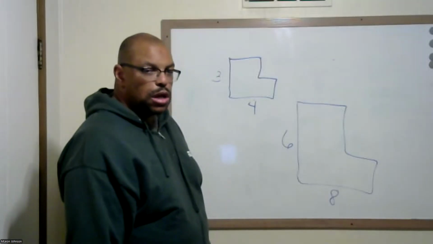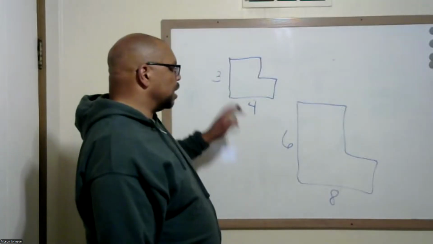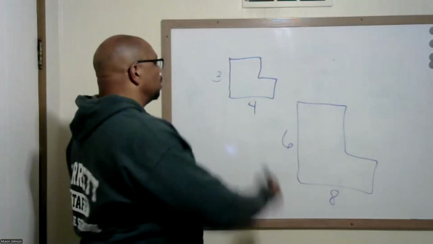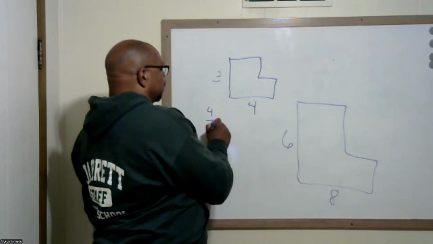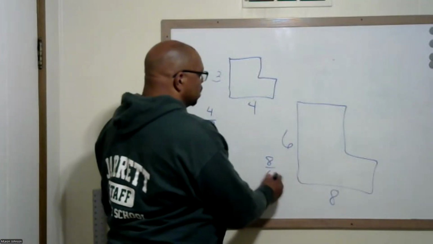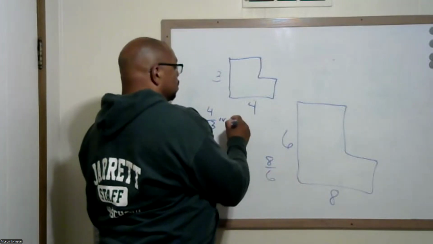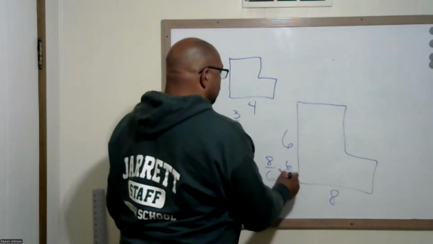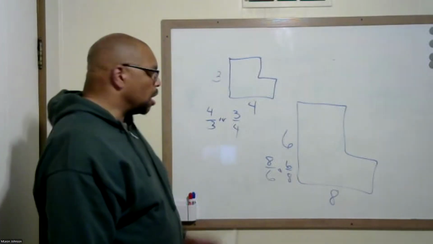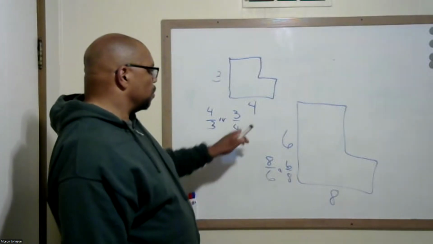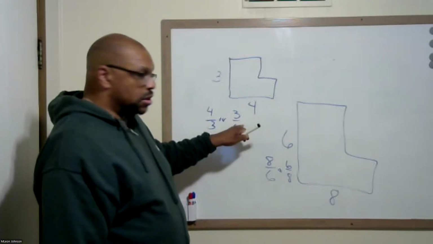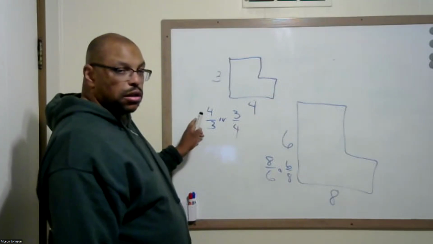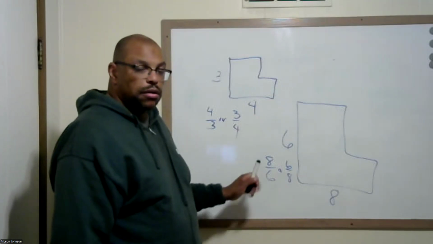All right, so now we know that our equivalent ratios have to be between these two. And how do we figure that out? Easy. We take 4 divided by 3 and 8 divided by 6. Or we can easily do 3 divided by 4 or 6 divided by 8. Either way, you're going to come up with the same answer. You're going to come up with 0.75 here, 0.75 here, or you come up with 1 1/3 here and 1 1/3 there.